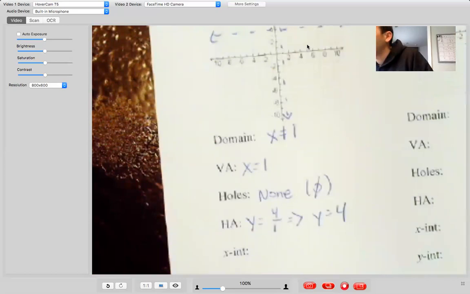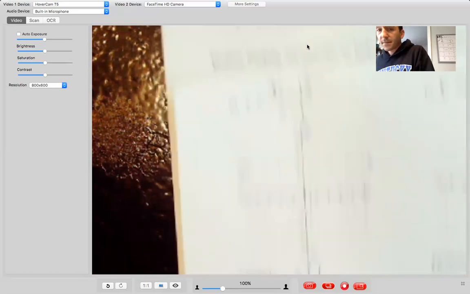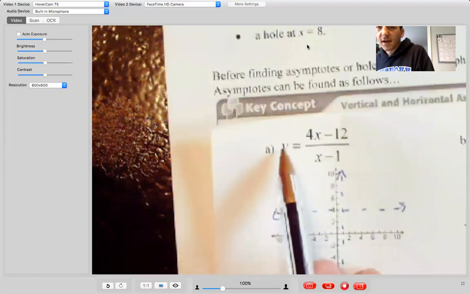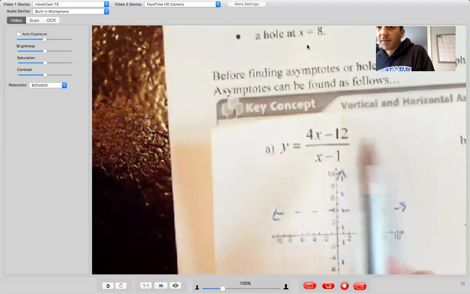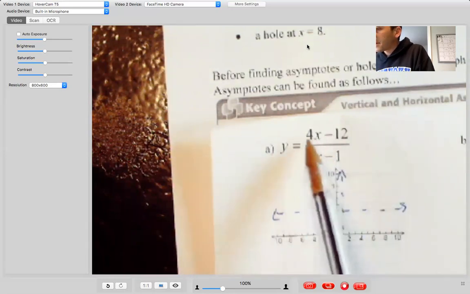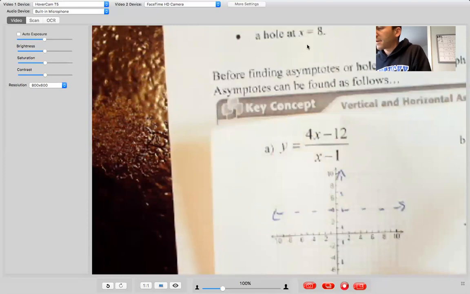All right, so the x-intercept. The x-intercept is where y is equal to 0, okay? So here's an easy way to think about this. If I plug in 0 right here, what can I plug in for x to make that true? Really we're just looking at what can I plug in here to make this 0, because 0 over anything equals 0.